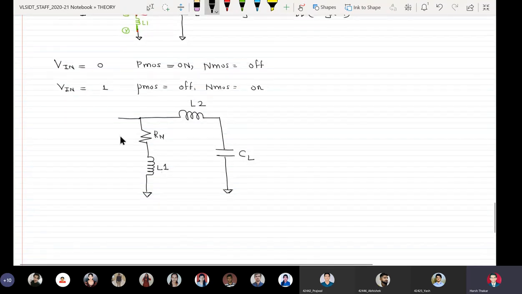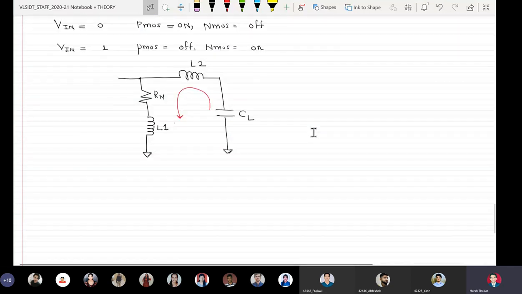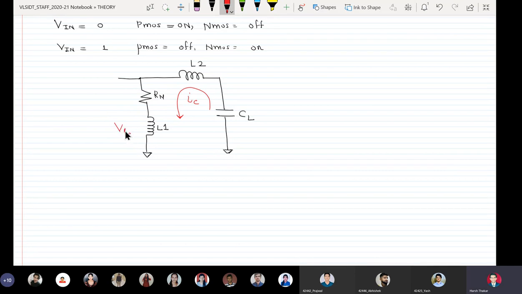Fine. So now the capacitor is going to start discharging from VDD towards ground in order to achieve an output going from logic 1 to logic 0. So this is the capacitor current IC, and we also have to know the value of voltage across the inductor.